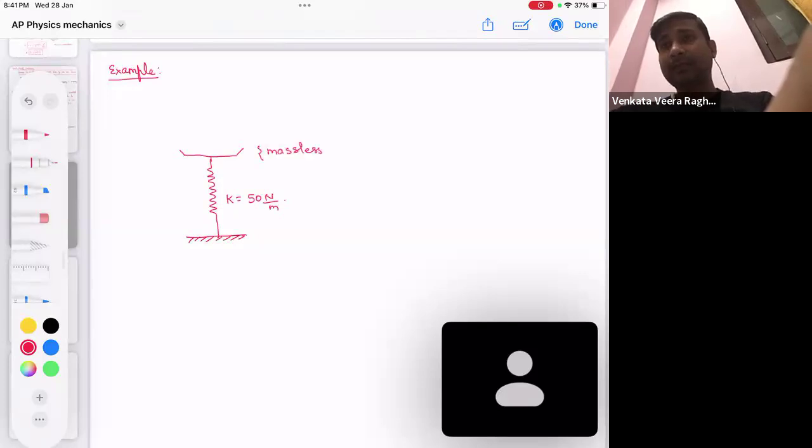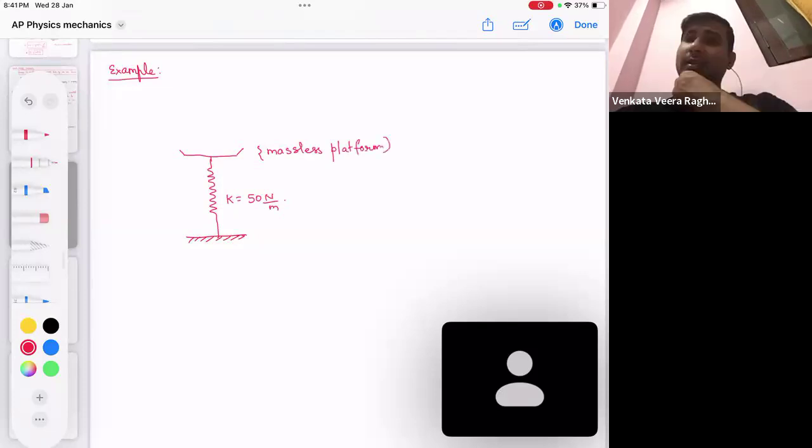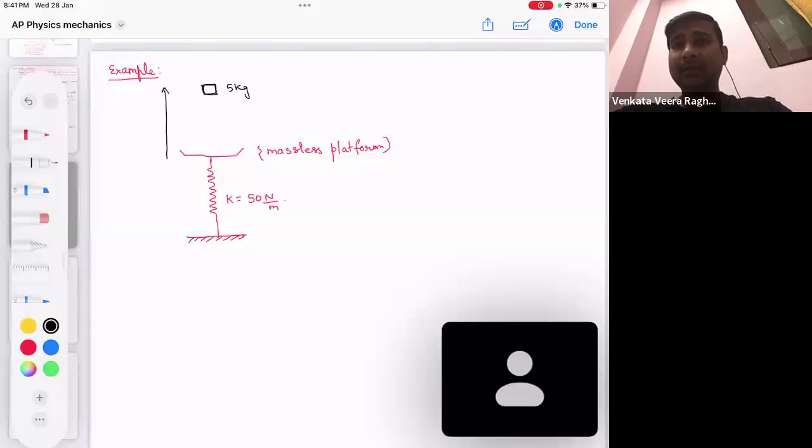On this platform we are going to bring an object of mass 5 kg from the top. Initially the platform is 5 meter from the object.